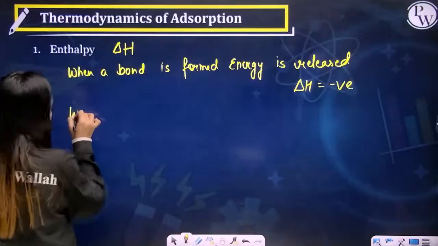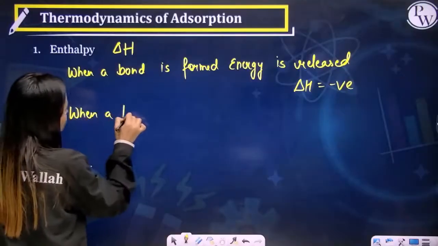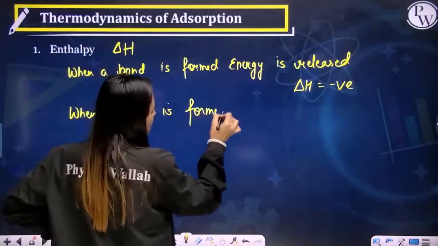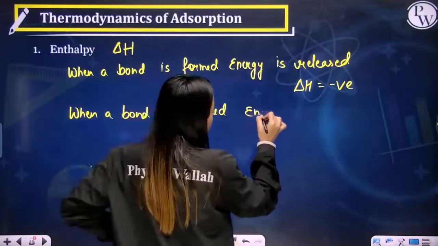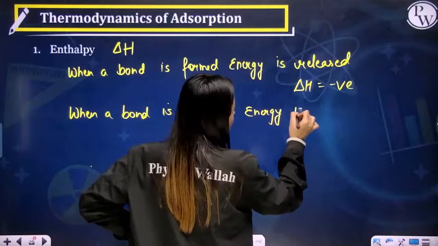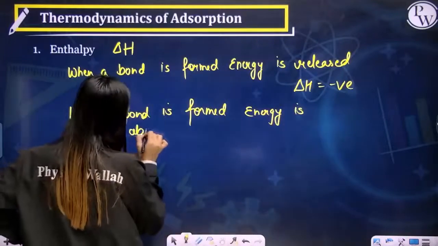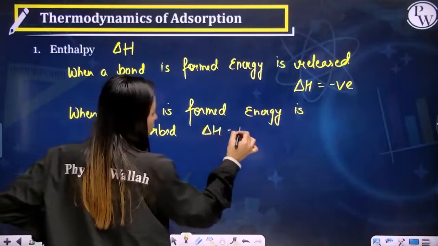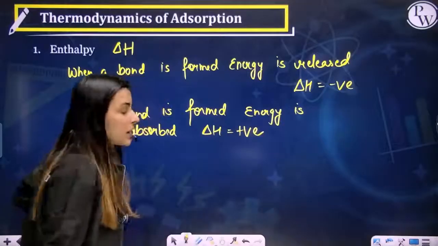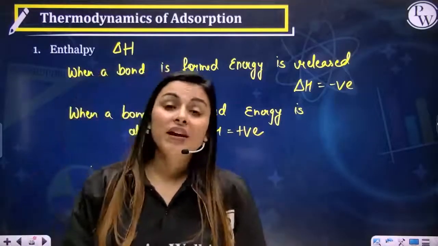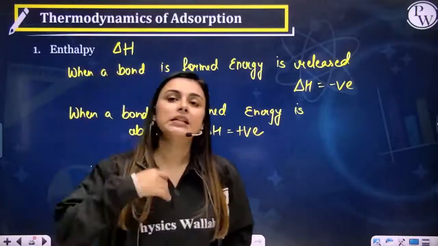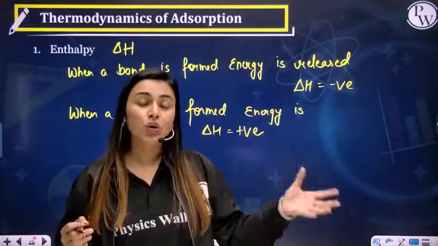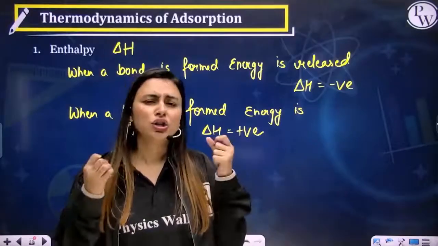Whenever a bond is broken, energy is absorbed. And since energy is absorbed, delta H comes out to be positive. Now try to understand it. Now see, you and your friend are best of the friends.